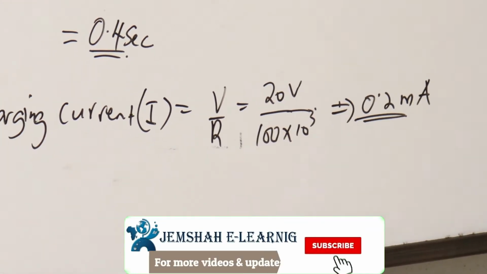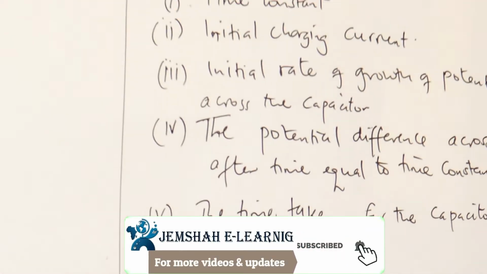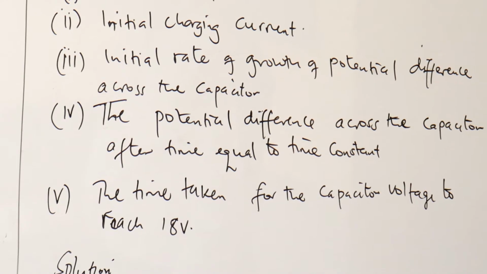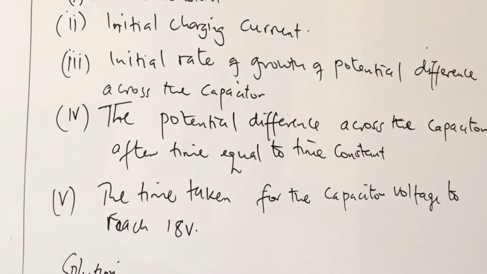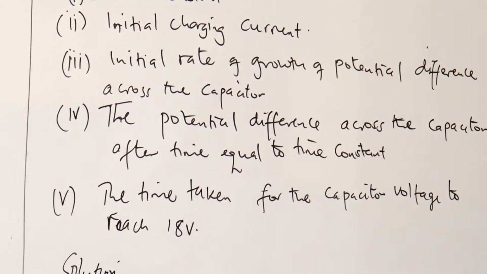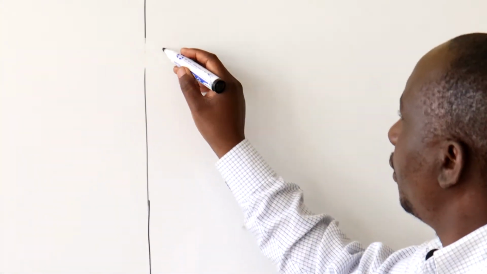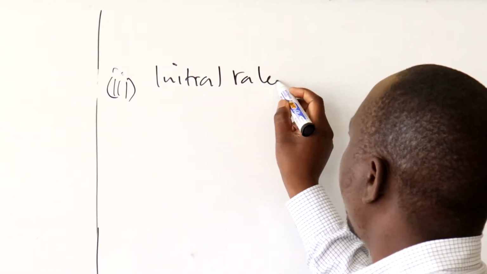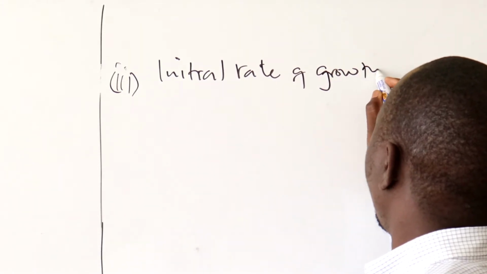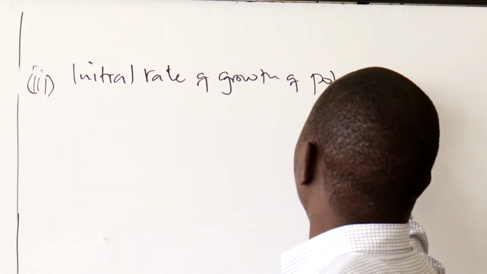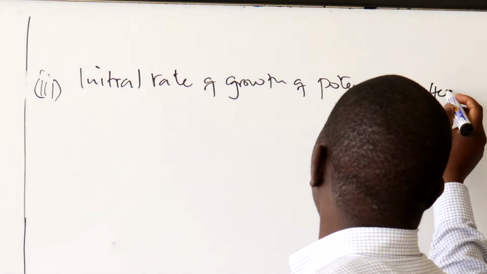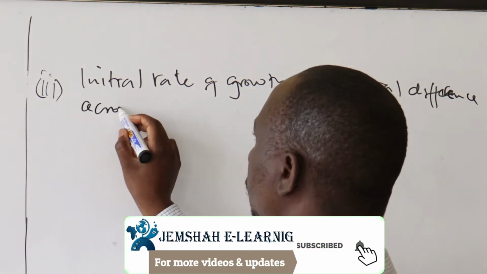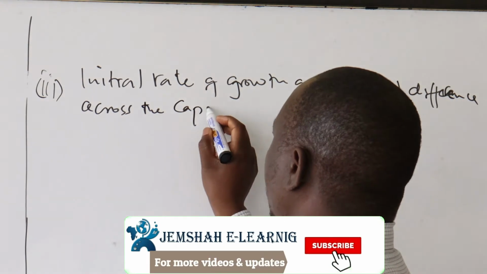So we are going to the third part, which is the initial rate of growth of the potential difference across the capacitor.